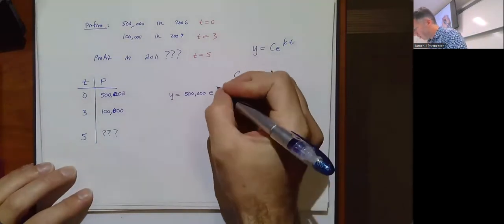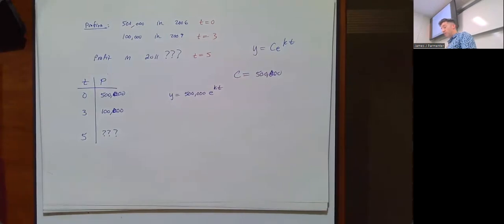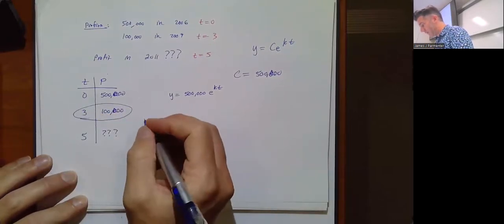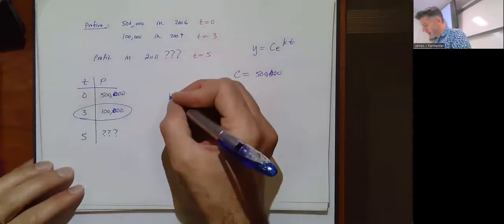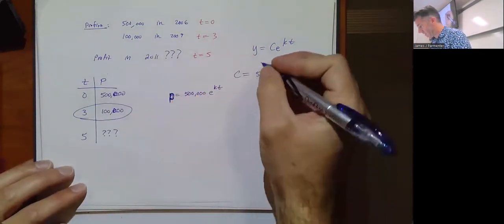So I want you all to start with y equal to 500,000 e to the kt, and I want you all to solve for k. So use that second data point, plug in for t and for, oh, I used y here. I guess I should have used p because I called it p. Sorry. I called it a different name because p made sense for profit.